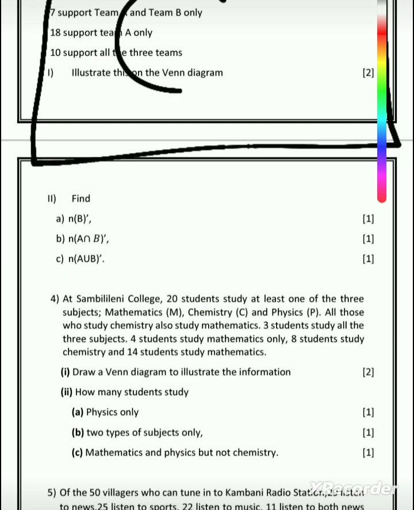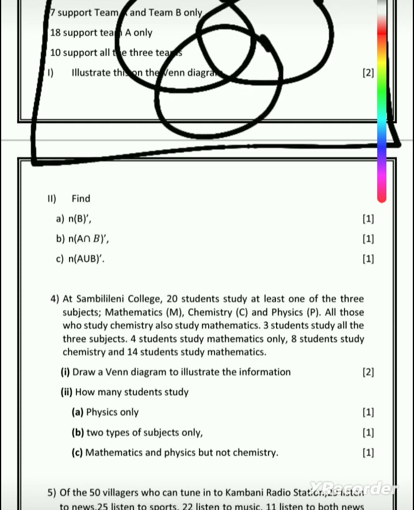Okay, so we have maths, chemistry, and physics. The English says all those who study chemistry also study mathematics. So any number that you put in chemistry should be in mathematics.